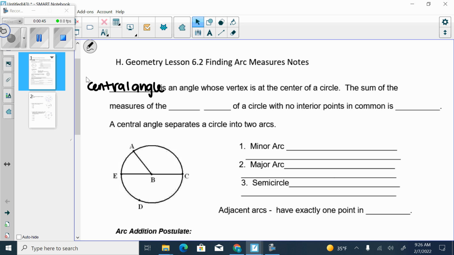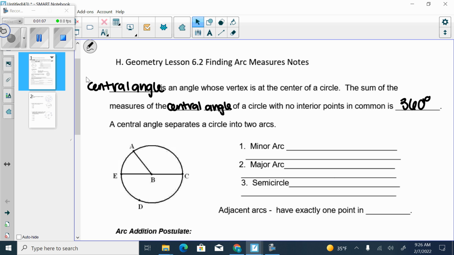The sum of the measures of the central angles of a circle with no interior points in common is 360 degrees. So you guys already knew that.